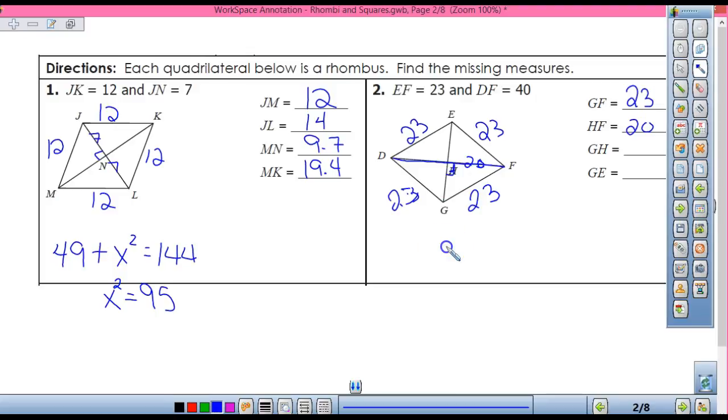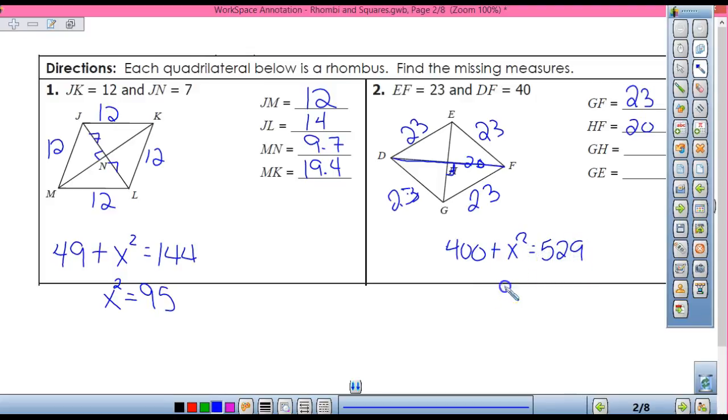How am I setting this up? 20 squared, which is 400, plus x squared equals 529.